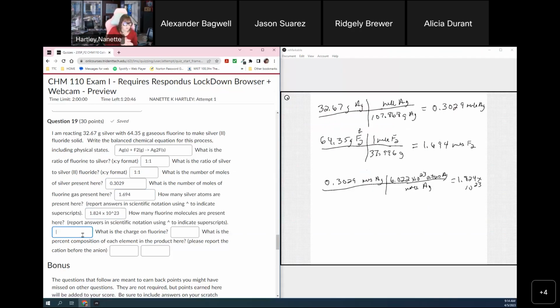How many molecules of fluorine are present? We go through a similar calculation. So I have 1.694 moles of F2, same number, 6.022 times 10 to the 23rd molecules of F2 per mole of F2.